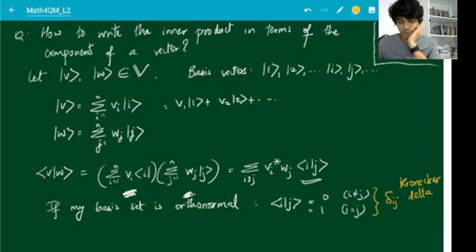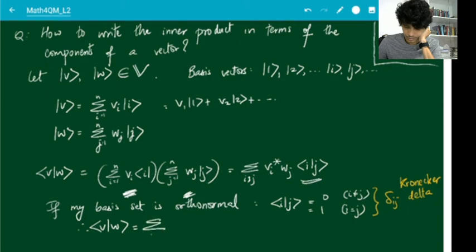When i is equal to j, it is 1. When i is not equal to j, it is 0. So for an orthonormal basis set, the inner product of basis vectors i and j is just the Kronecker delta, delta ij.